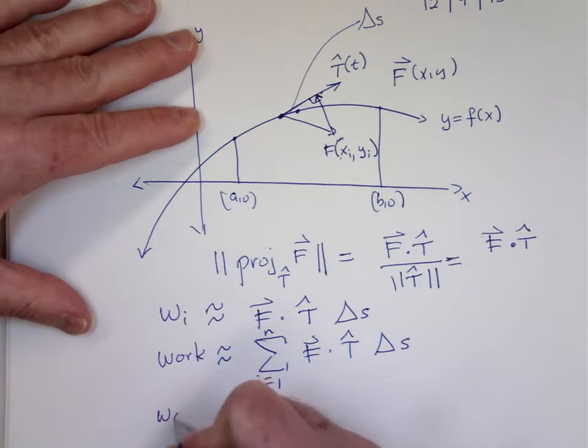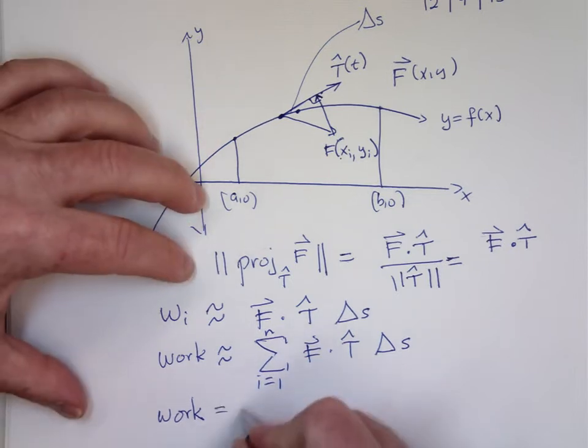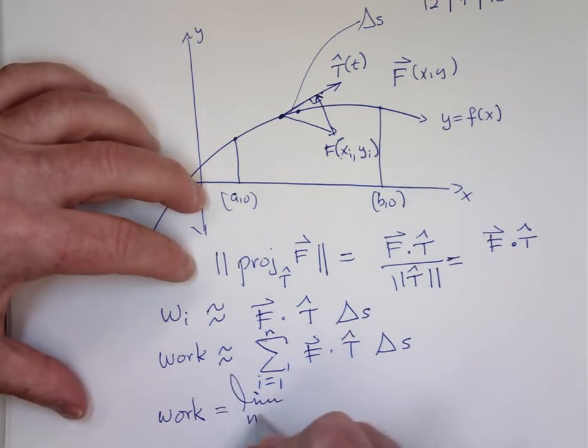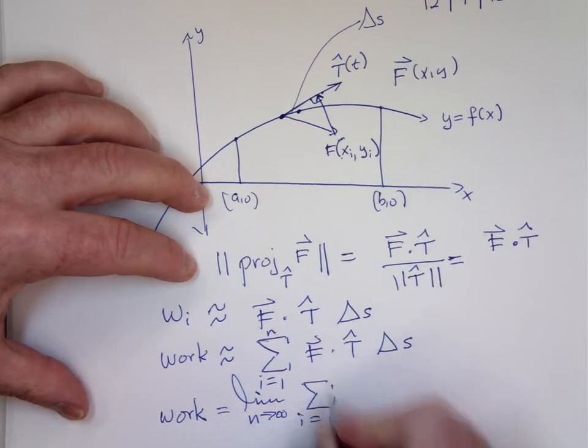How do we know the unit tangent magnitude is 1? It's a unit tangent vector, so by definition it is 1. The work is equal to the limit, as n goes to infinity, of the sum of all these pieces of work.